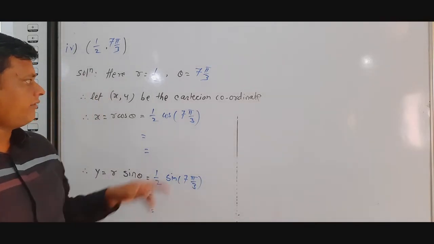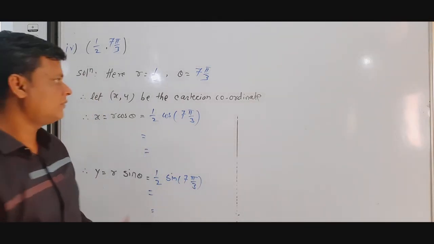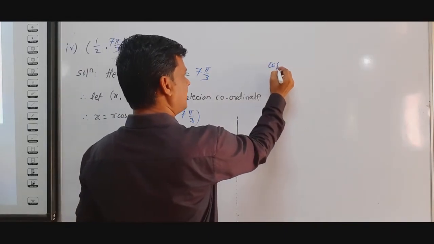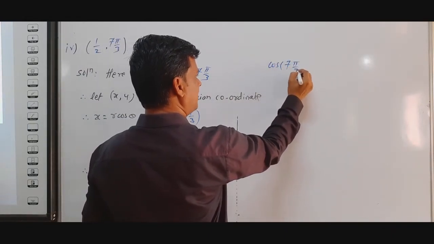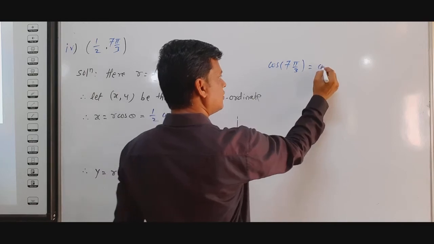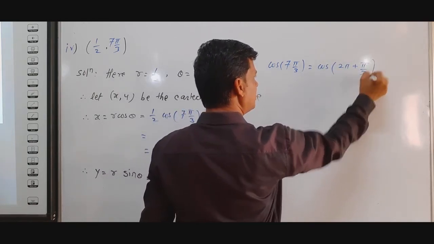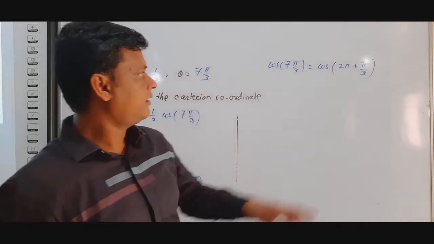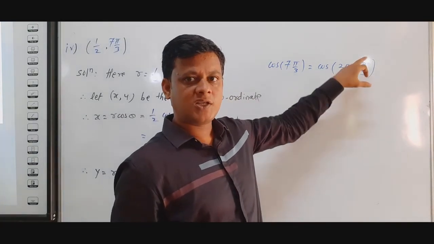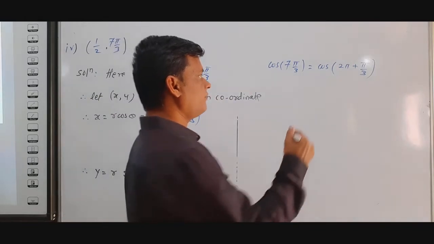Now we have to find the value of cos 7 pi by 3. So we write cos 7 pi by 3 as cos of 2 pi plus pi by 3. If you cross multiply, 3 into 2 is 6 pi plus pi, that is 7 pi by 3.